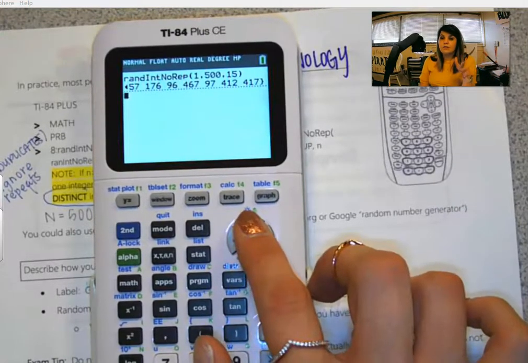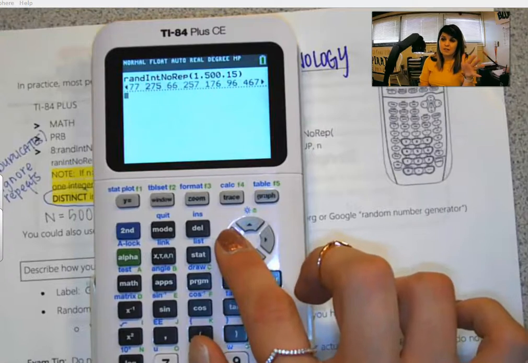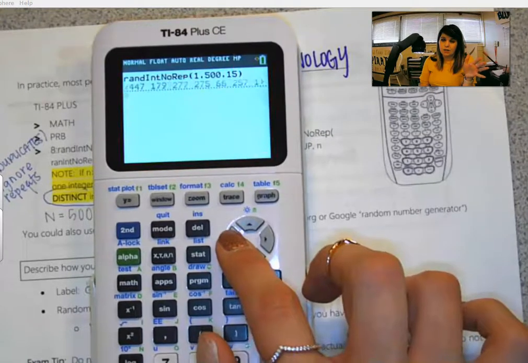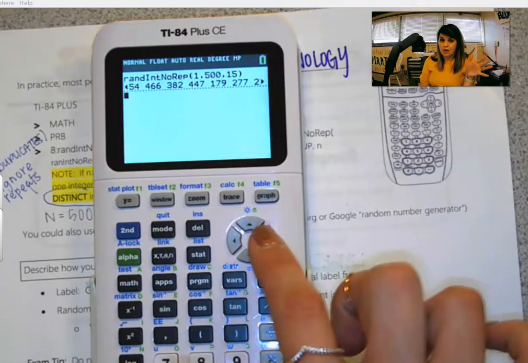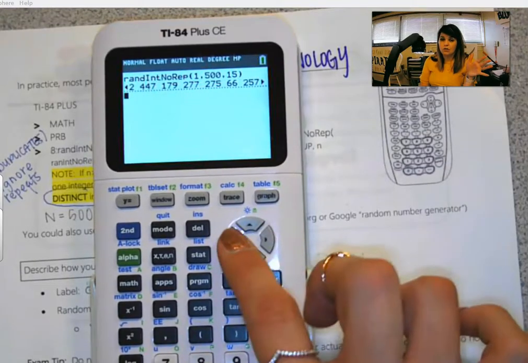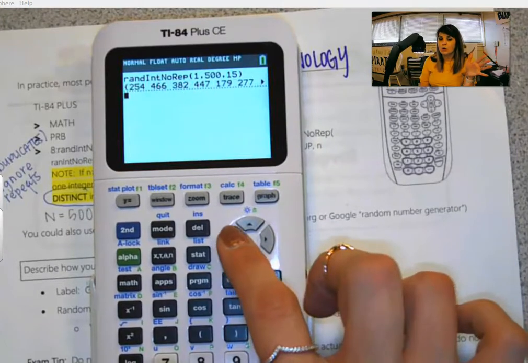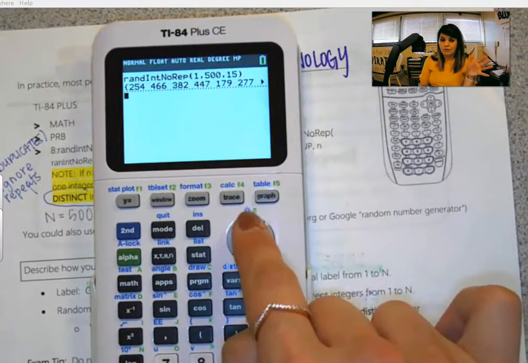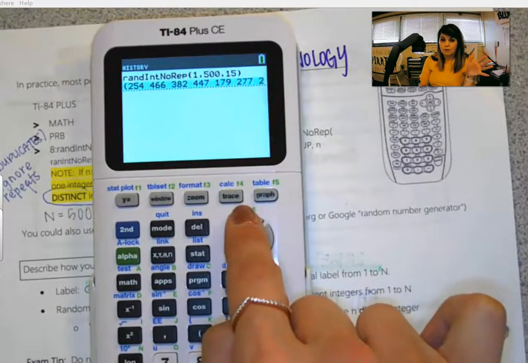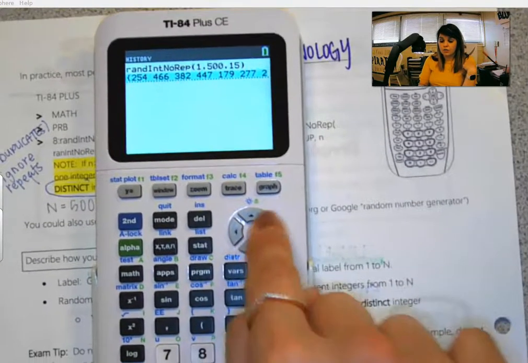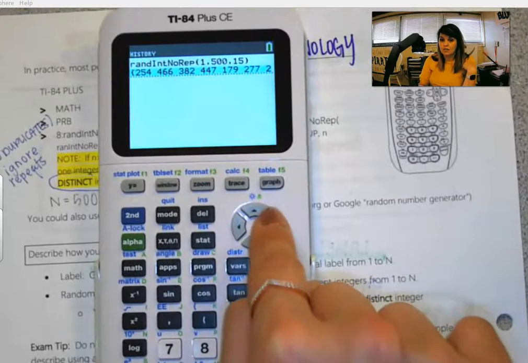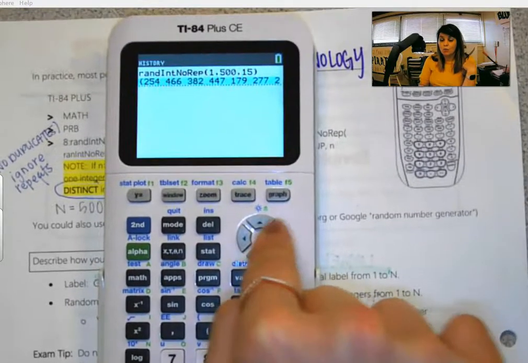Now, one thing that I forgot to mention, and this is the same for both calculators, if you don't immediately hit your arrow button over to see your numbers, it won't let you go back and see them. So like if I arrow up, so I've arrowed on my sample and I try to go over to see the rest of my numbers, like I'm hitting my button, it won't move.